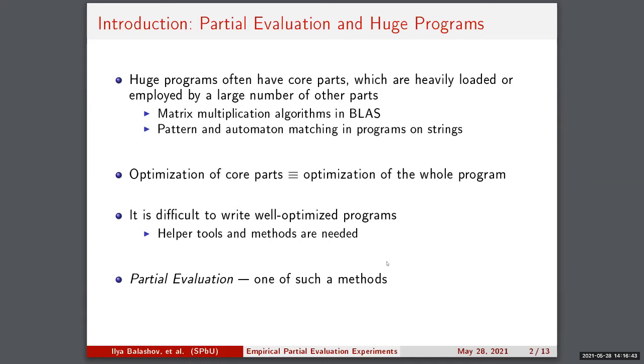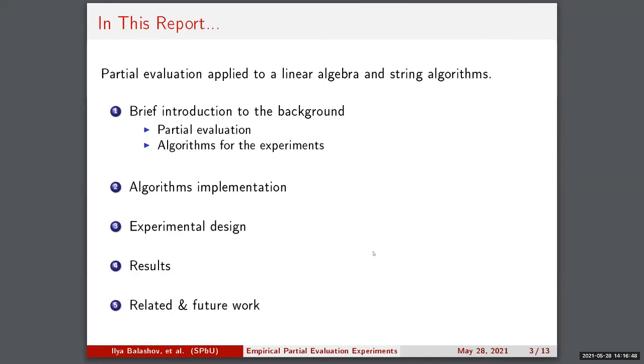So-called partial evaluation is, in our opinion, one of such methods. In this report, I will briefly cover the background of the work, the design of the experiments, some notes on implementation details, and of course, a review of the results, and an insight into related research and our future work.